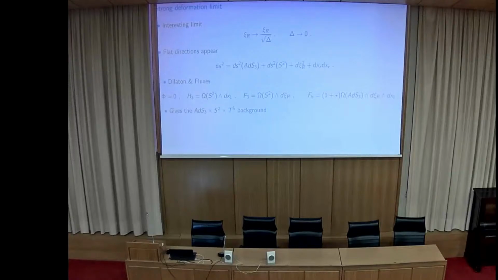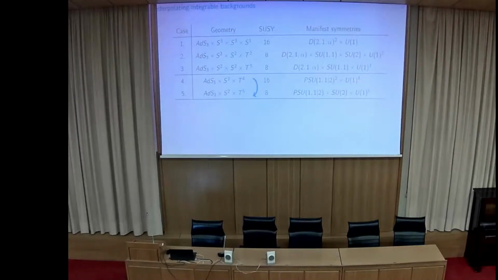And if one compares with the results obtained by Linus Wolf, then one sees that this is actually the ADS3 times S2 times T5 background. So the conclusion of this is that this type of deformation, this TST transformation, allows one to interpolate between this integrable solution, ADS3 times S3 times T4, which has 16 supersymmetries, and this ADS3 times S2 times T5, which has 8 supersymmetries.